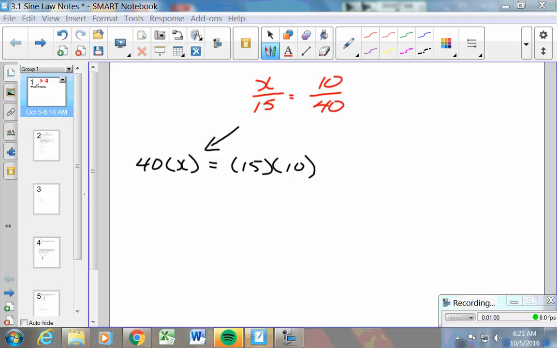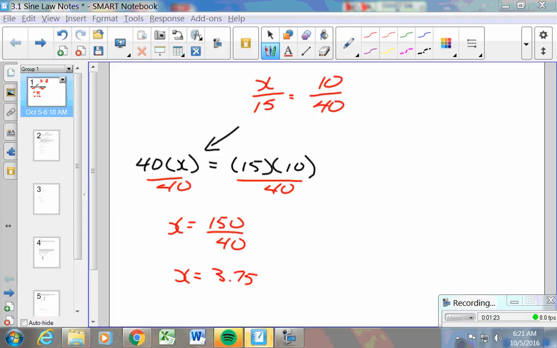Top times bottom, keep the equal sign, and then to solve for x we divide by 40. Now we have 150 divided by 40, and we can use decimals for our answer: 150 divided by 40 is 3.75. So that's your traditional cross multiply. Always look at top times bottom and find your answer.